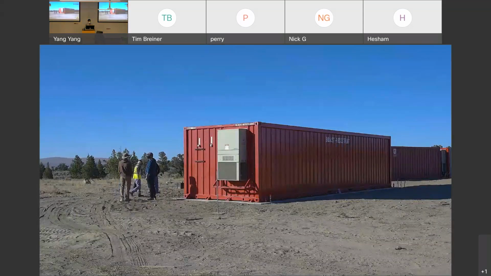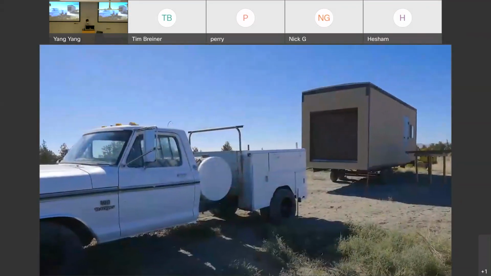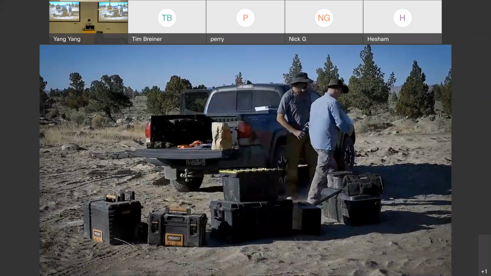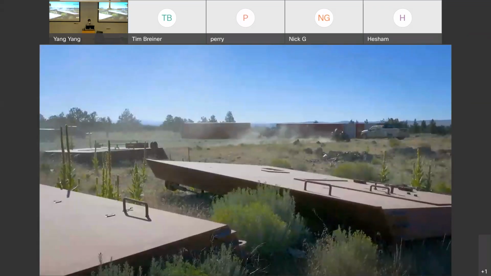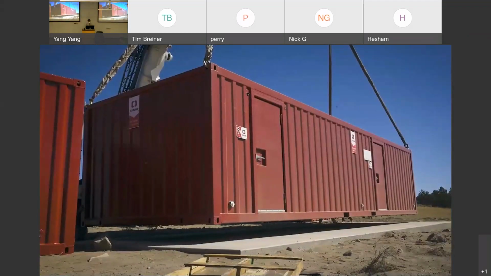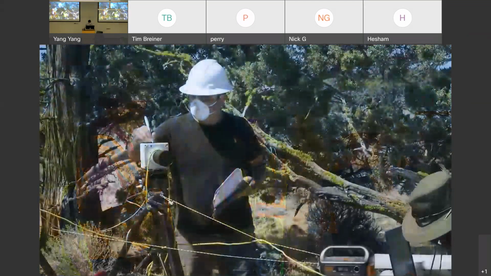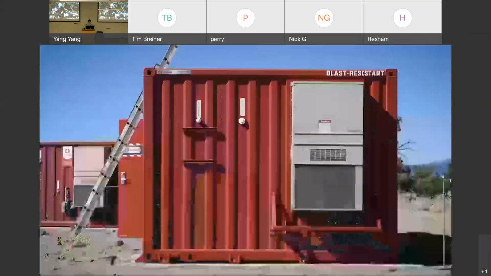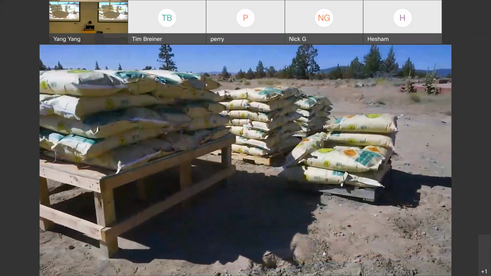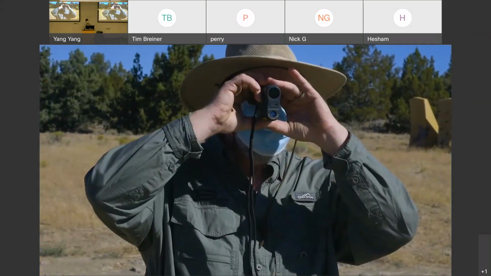In that test, we created what we believe is the largest scale blast test on a range of buildings. The first independent firm, an engineering firm specializing in analyzing and testing a variety of hazards, staged the explosion and provided a post-test assessment. The second independent firm advised us in testing, observed the explosion, and advised on building design. We know that when it comes to explosions, there are many factors at play, but distance is the big equalizer.